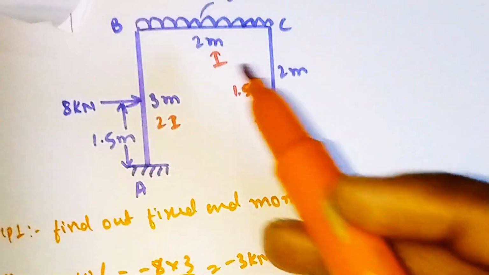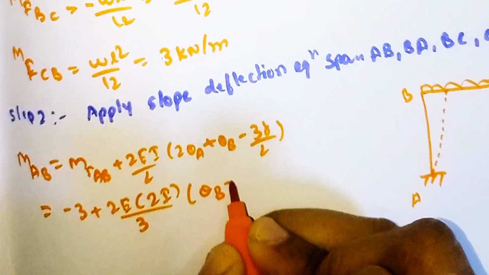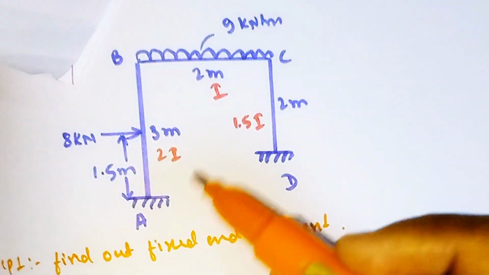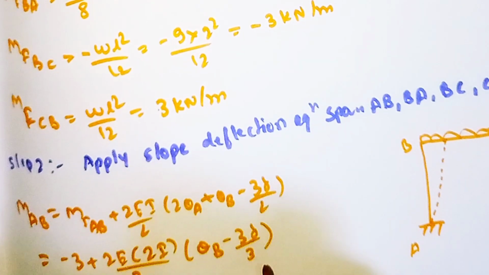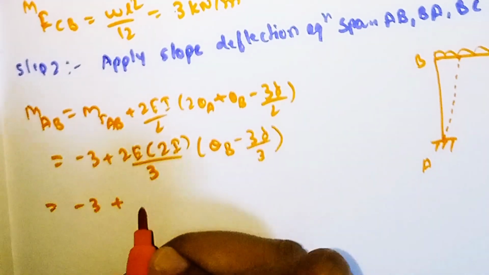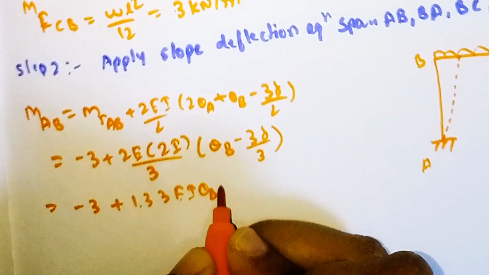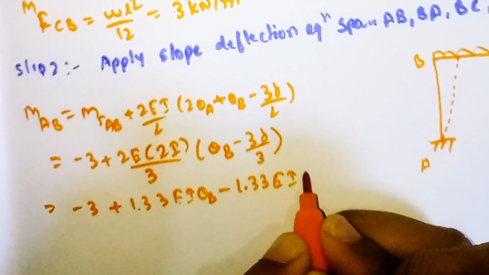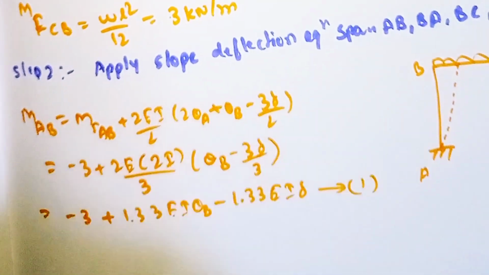Theta B has some value, so keep it as it is. Theta B minus 3 into delta divided by our length, 3 meter. Substitute that and simplify, and it comes out as minus 3 plus 1.33 EI theta B minus 1.33 EI delta. Call it equation number 1.